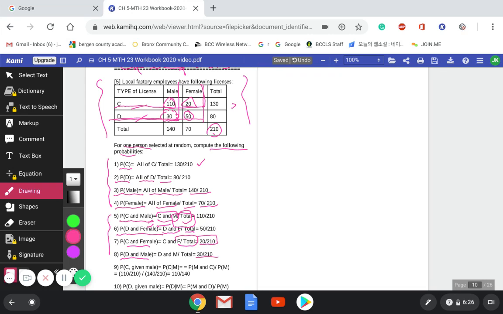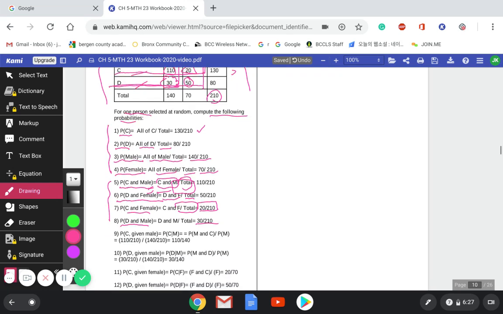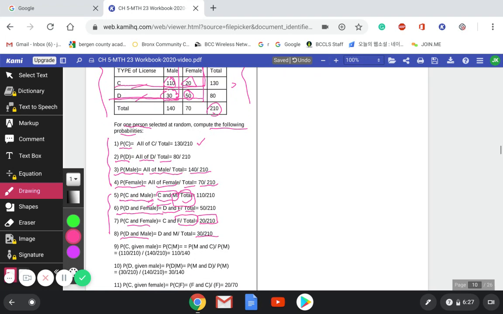Now another type of question is: what is the probability that the person you picked has C given male? C given male is always the probability of male and license C divided by the probability of male, because of the given.